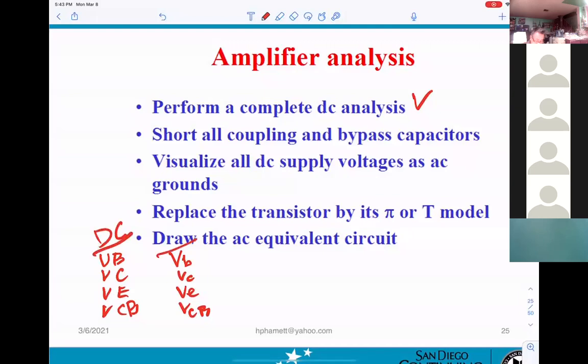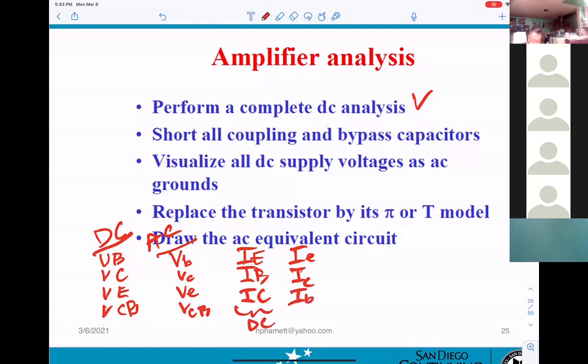And likewise IE, IB, IC in capital letters are the DC values, and IE, IC, IB in lowercase, okay? That will be AC, same thing.